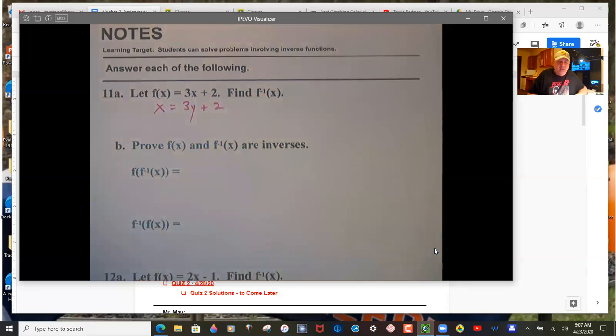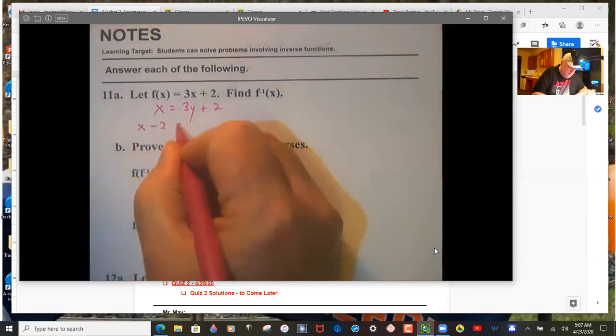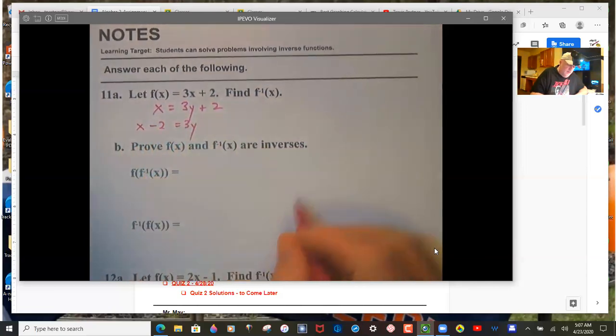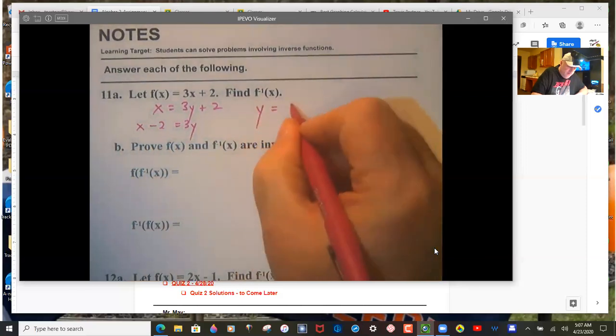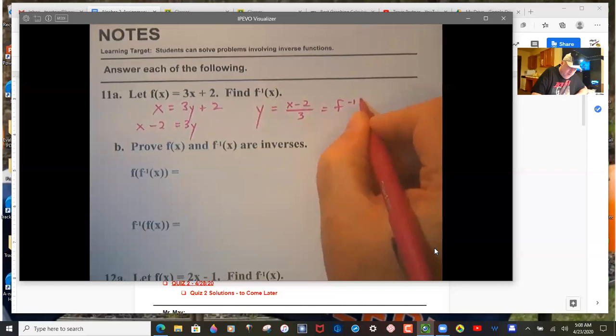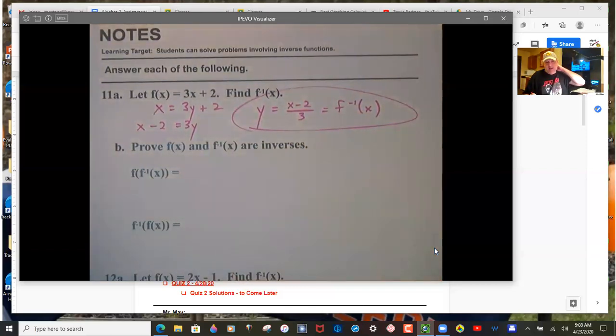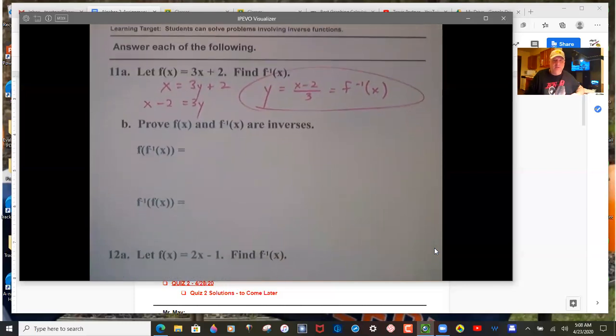That's how you find the inverse on any particular function. So how's that done? You subtract 2 over, and then you divide by 3. So x minus 2 over 3. That is the inverse function. That's how you find algebraically any inverse function.